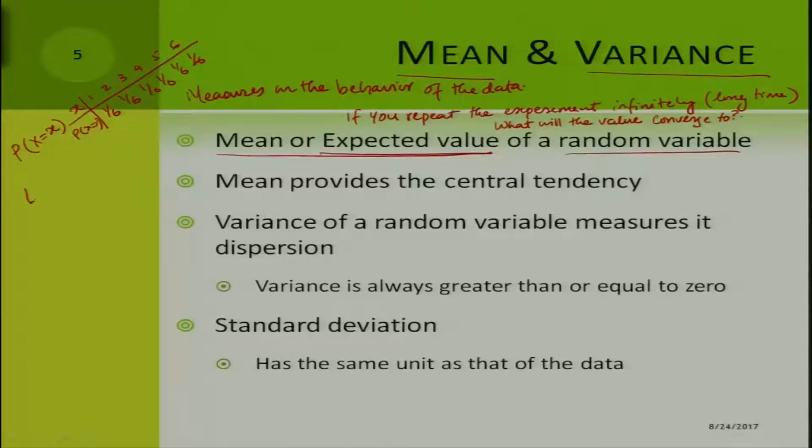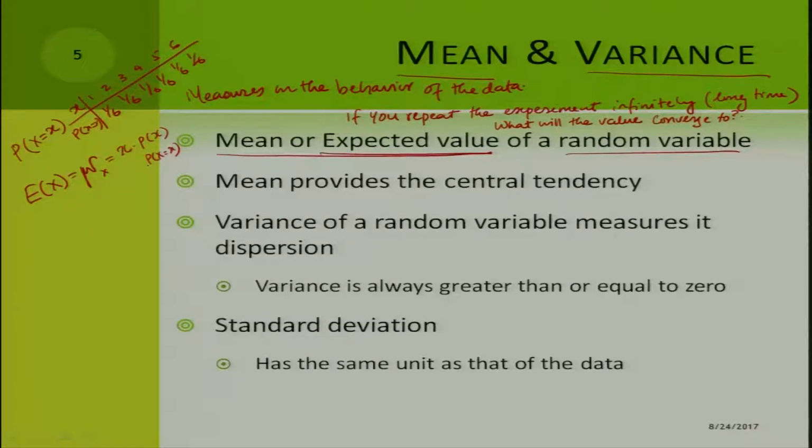So, expected value can always be found out easily. The typical formula of expected value is notated by E of x. Sometimes it is also known as mu of x. Okay, this is a notation for mean or expected value. It is given by x times p of x, where p of x is equal to the probability of x equal to little x.